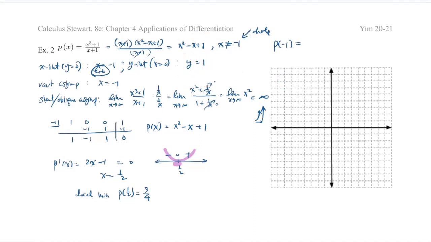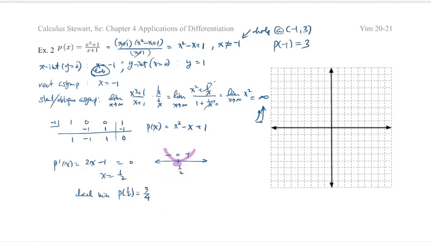That'll be just 3. So the hole will be at negative 1, 3. Okay, guys. And then I did the derivative, which gives me this. To the left of the half, my slope was negative. To the right, it was positive. So local min happens at x equal to a half, p of a half is 3/4.